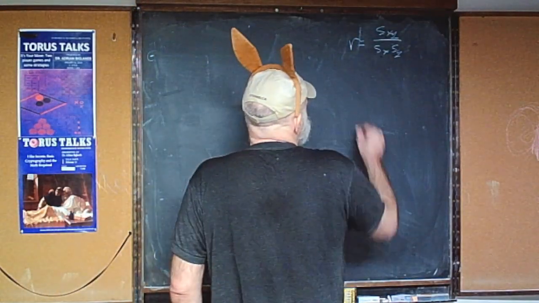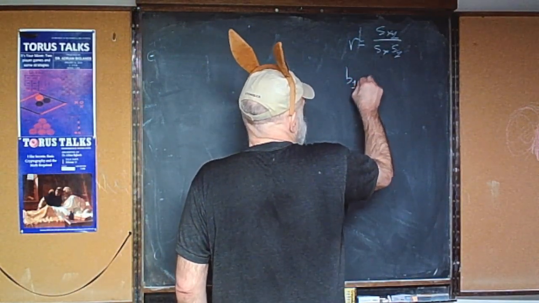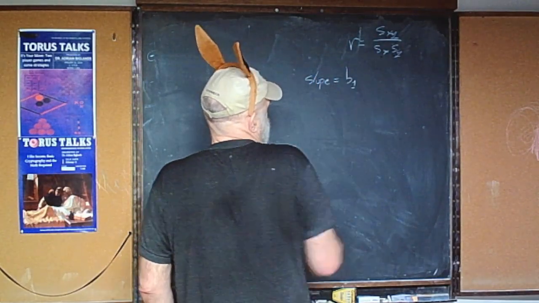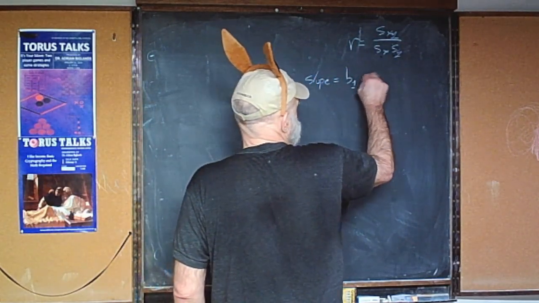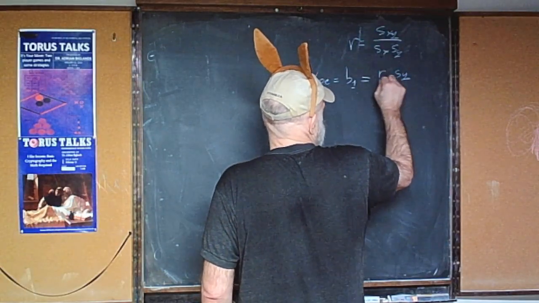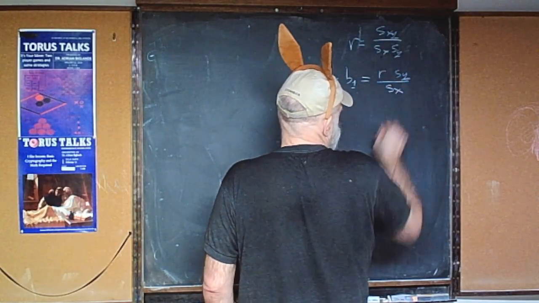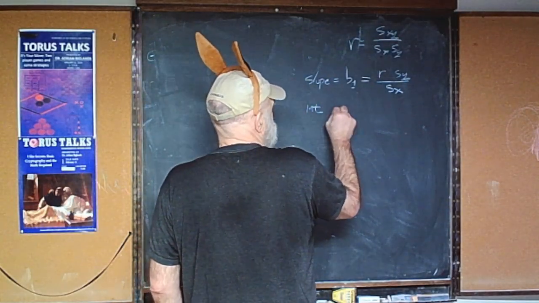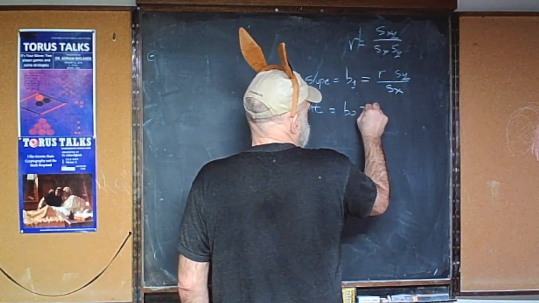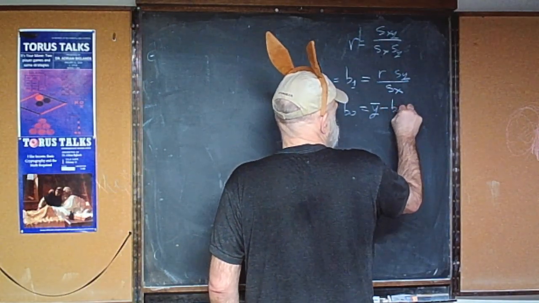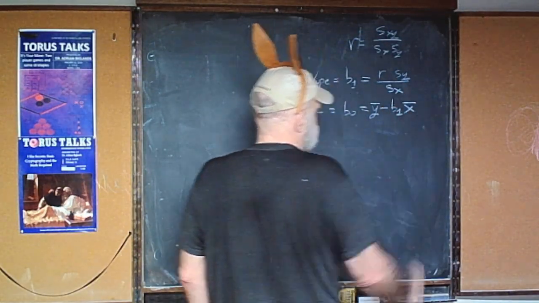Now, b sub 1, the slope. And for you calculus rats, that's a derivative. But this is computed by r times s sub y over s sub x. And the intercept, which is b sub 0, is the average value of y minus the slope times the average value of x.